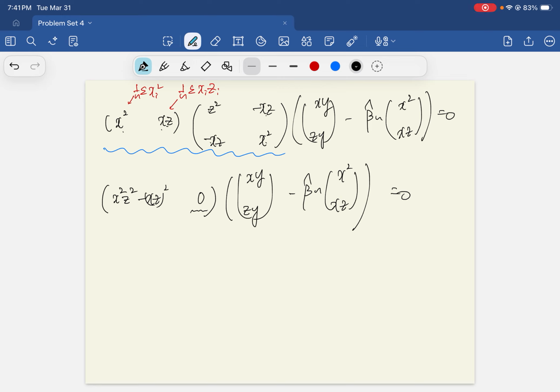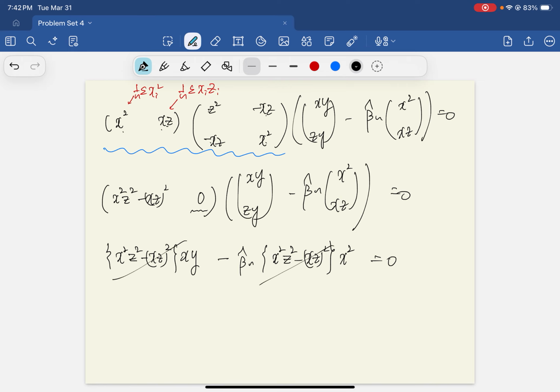So then if you do the algebra again, it looks like x squared z squared minus xz squared, times xy, minus beta hat times x squared z squared minus xz squared, x squared equals 0. Okay? So anyhow, this part does not matter.